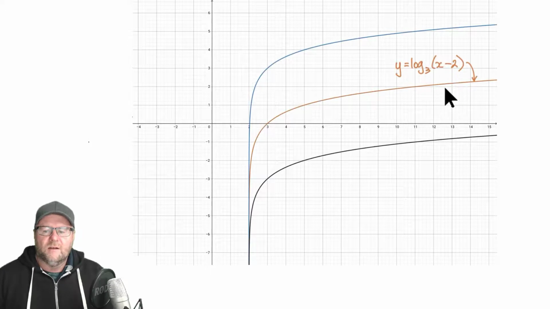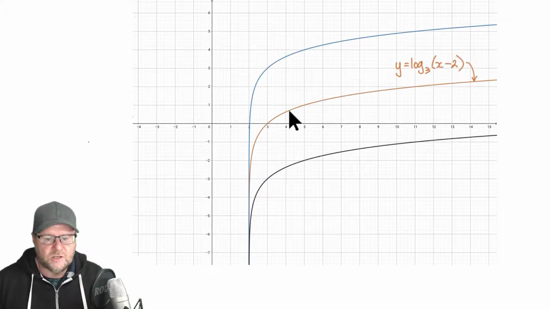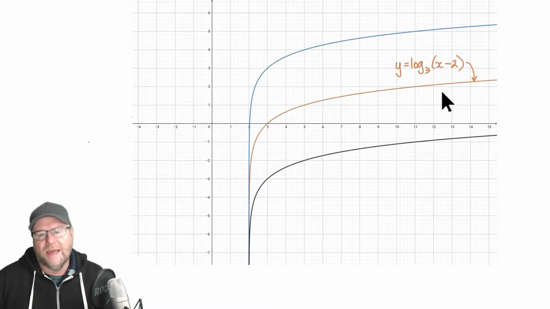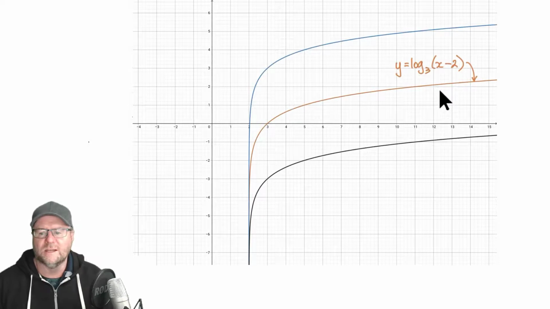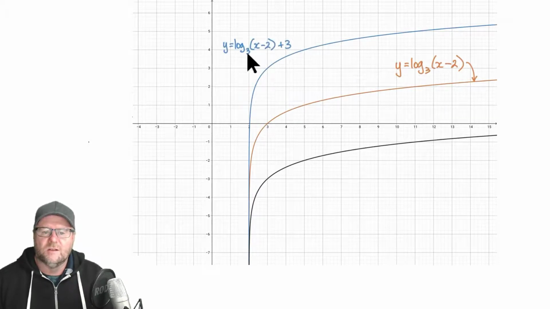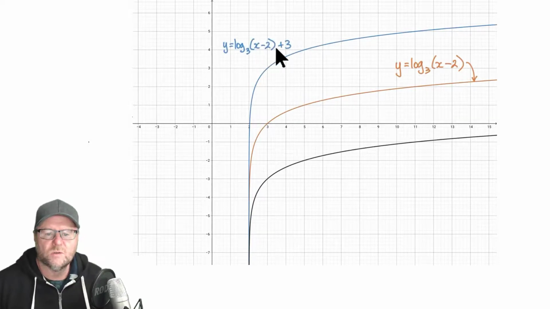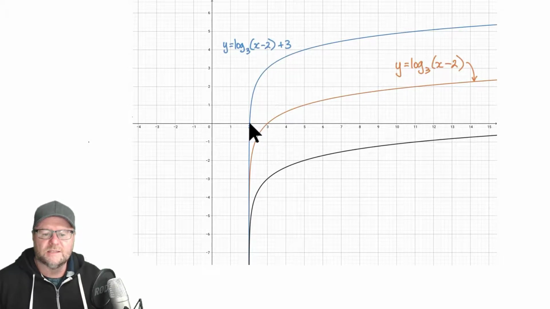What about, so this is the one we just finished up with, log to the base 3 of x minus 2. If I add a constant, well, just like parabolas, all it does is move the graph up or down. So if I had log to the base 3 of x minus 2 plus 3, it's taken that same curve that we started with and just shifted it up 3 places.